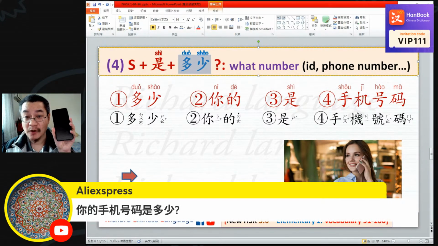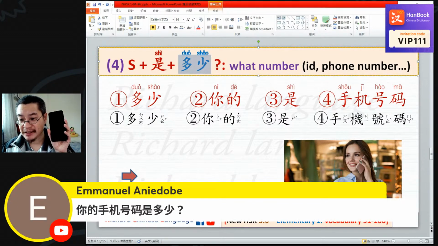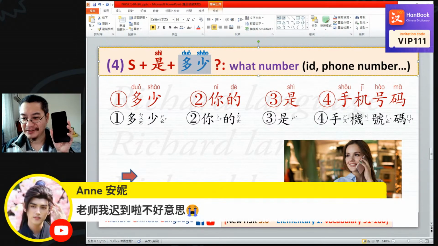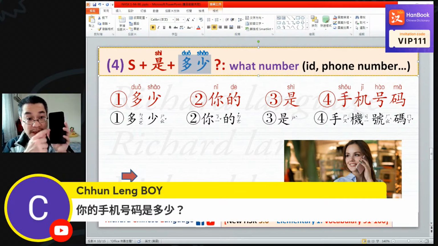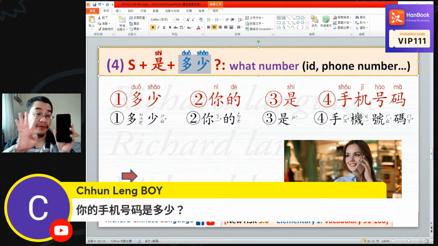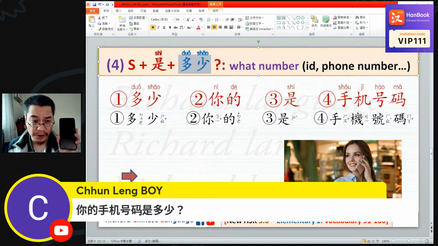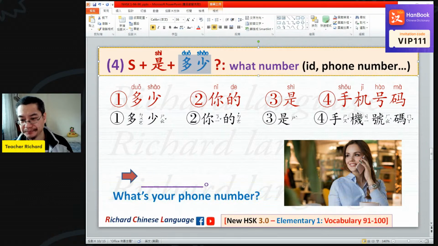So grammar point 4 is talking about how you can use 多少 to ask someone's ID number or telephone number. 你的手机号码是多少? Okay, very good.